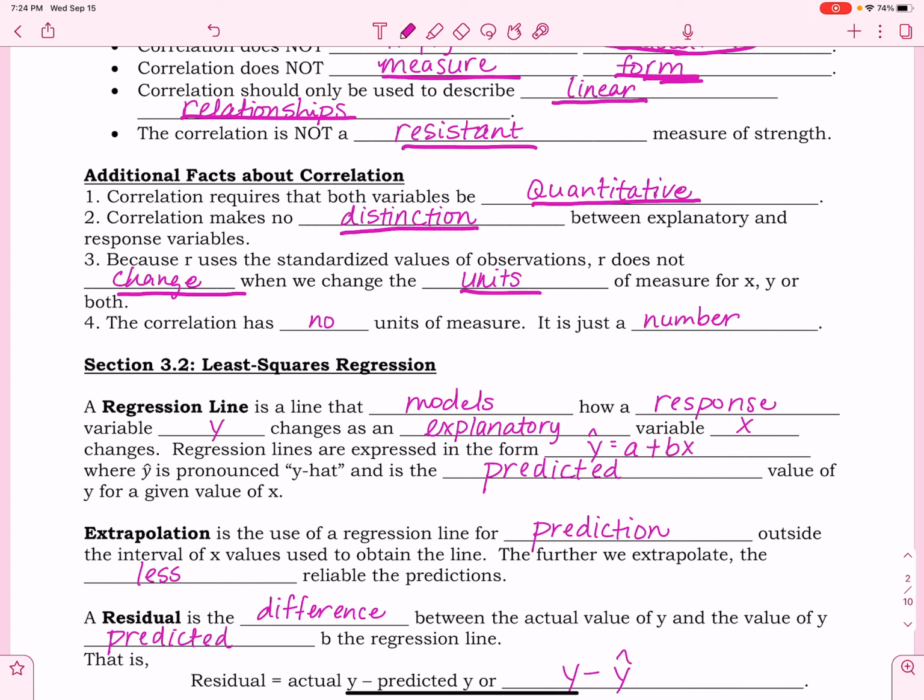The correlation will not be affected at all. It will be exactly the same. And the correlation also has no units of measure. So we're never going to say r is equal to negative 0.758 centimeters. Okay, we don't ever say that. So no units of measure for correlation. It's just a number.